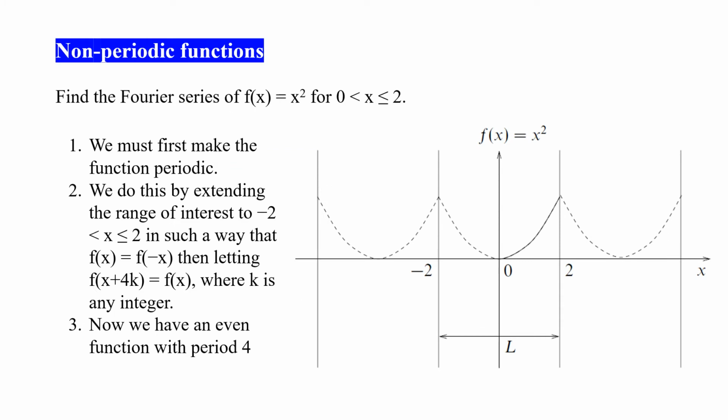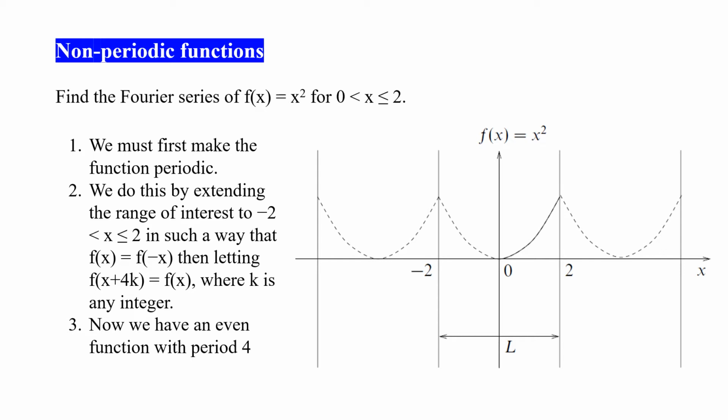In the last lecture, we discussed this example where we found the Fourier series of f of x equal to x squared for 0 < x ≤ 2. Just a quick review, what we did was we first made the function periodic by extending the range of interest to -2 to 2 in such a way that f of x is equal to f of negative x.